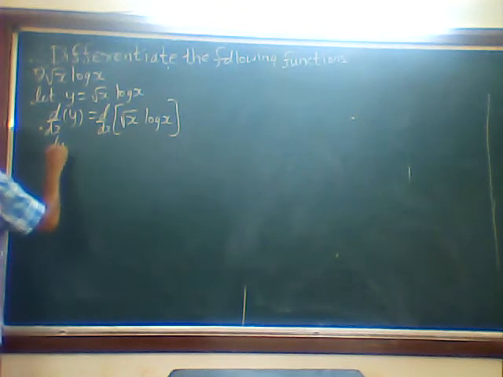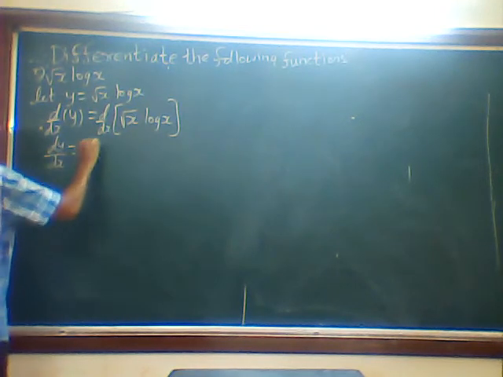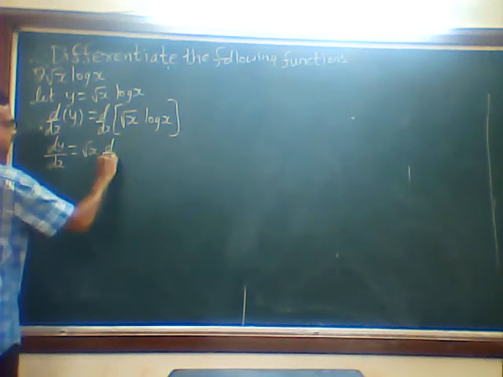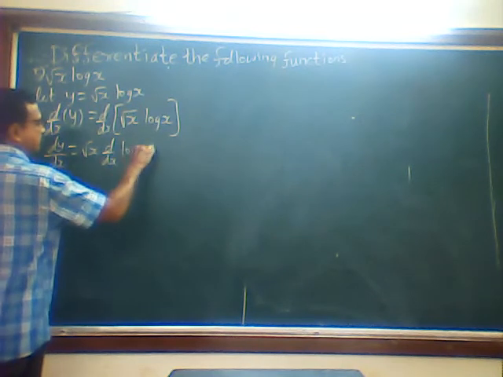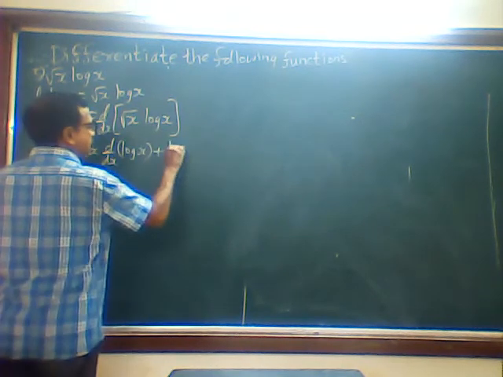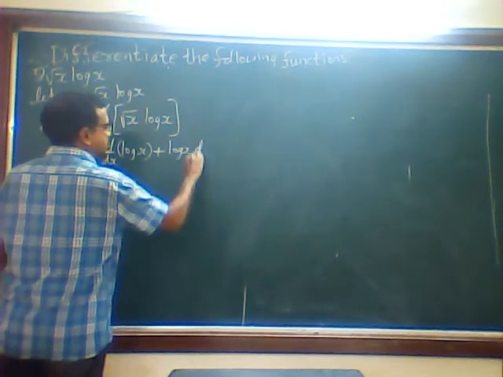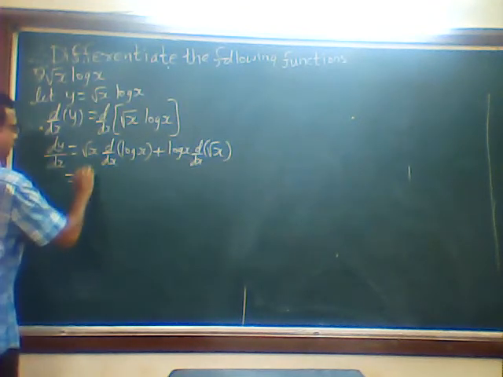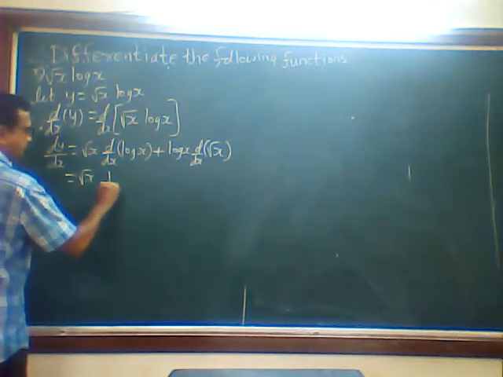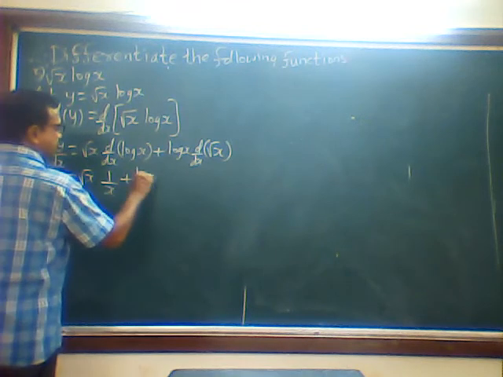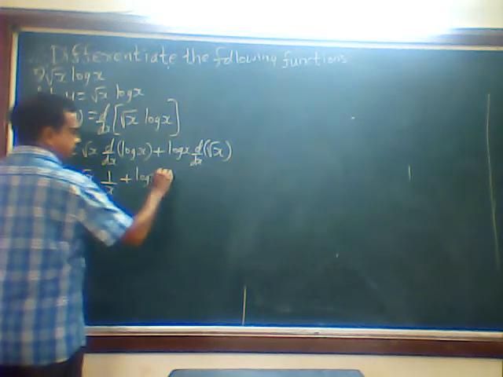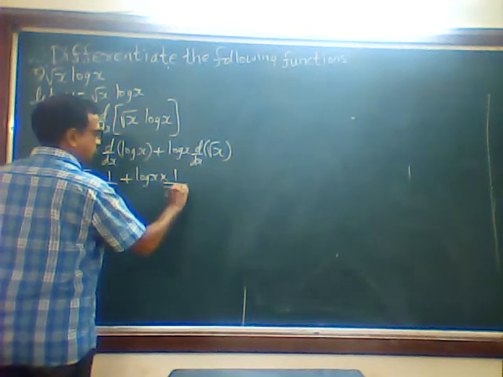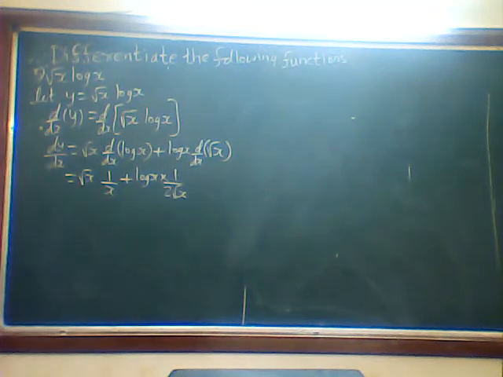So dy by dx is equal to first term as it is d by dx of log x plus log x as it is d by dx of root x. So root x d by dx of log x is 1 by x, plus log x d by dx of root x is what? 1 upon 2 root x. So you can keep it as it is. Otherwise you can simplify also, no need of simplification.